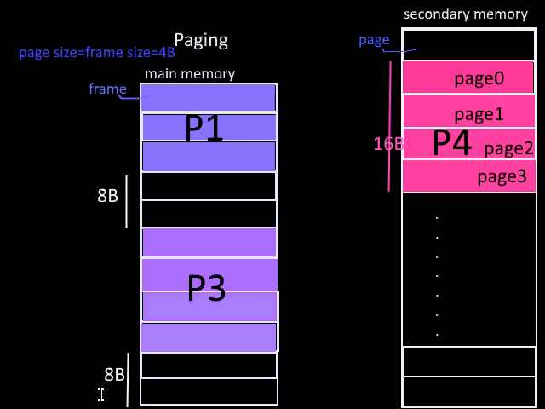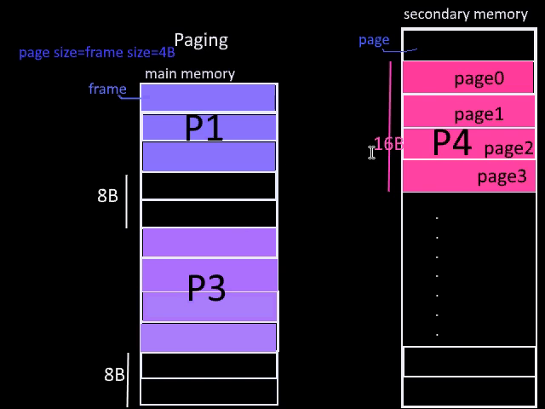If we are using contiguous memory allocation, will we be able to load this process to the main memory? No, because the available memory space is not contiguous. It is fragmented across two parts of the memory, and here there is external fragmentation. So we cannot load this process if we are using contiguous memory allocation.